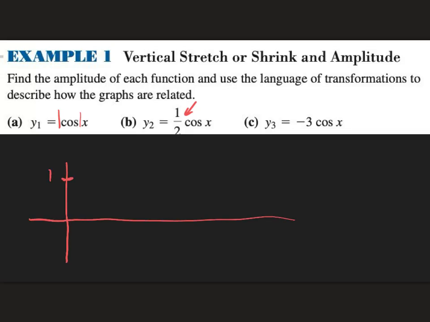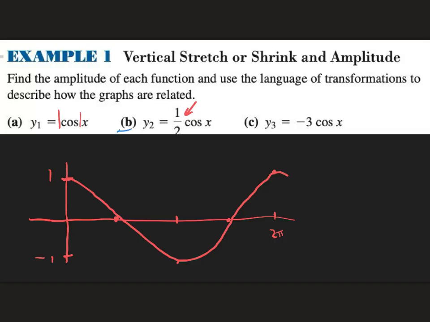At 1, at -1, at pi radians, and at 2 pi radians, it's going to go back to 1. So 1, 0, -1, 0, 1. So it's going to go down and curve back up and then curve back down. So that's that one. So now let's look at B.